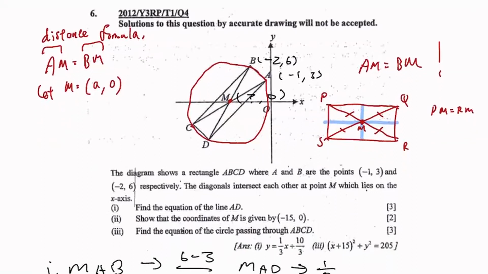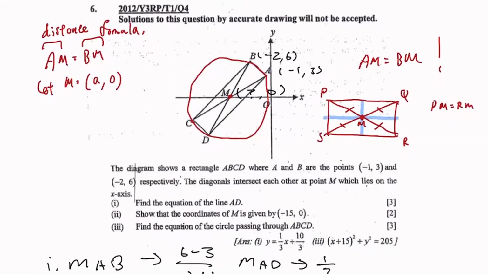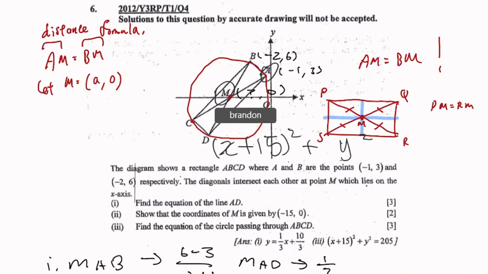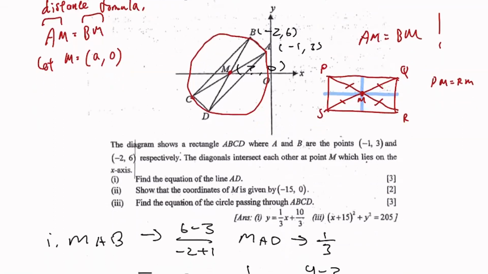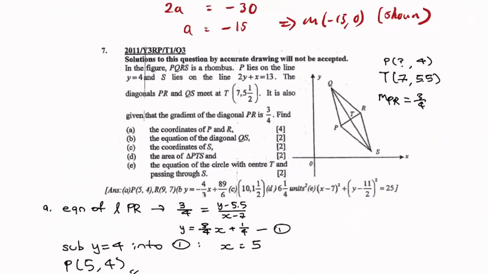How? (x plus 15) squared plus y squared equals, you have the point A and the point M, so then you can find the length of the radius, then square it. Very good, exactly, that's all. You do the working on your own. Can you get 205 for r squared?